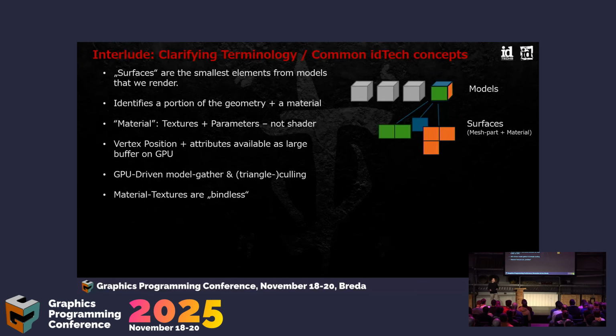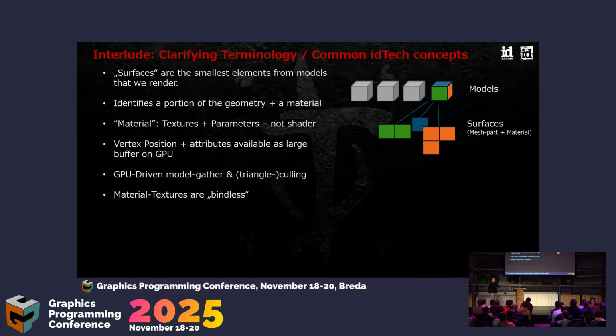And we were able to build upon various features that we already had available for us in idTech 7. For example, we already had a large GPU buffer that contained all the streamed in vertex attribute data. And we also had a GPU-driven render pipeline that did all the model culling, all the triangle culling. So we were also able to use that.